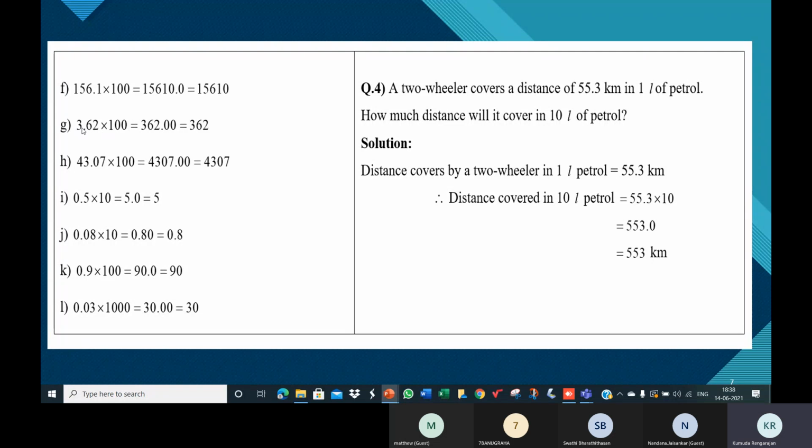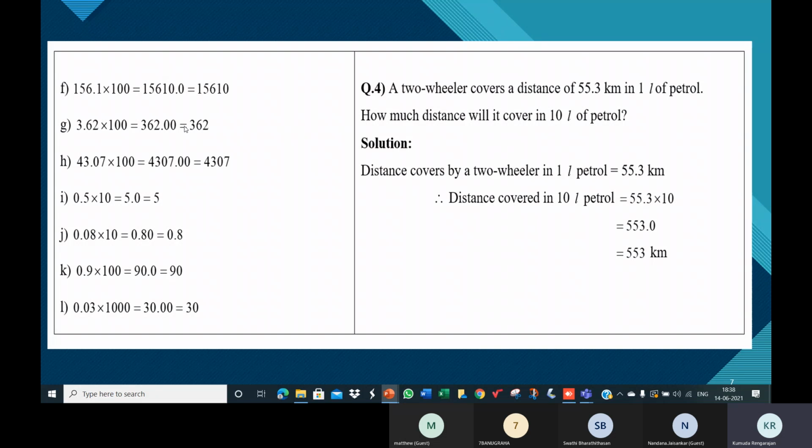Now the number 3.62 has 2 decimal places. That means in the product also we must have 2 decimal places. Accordingly, place a decimal point here. Multiply 362 by 100 without the decimal point, and you get 36200.